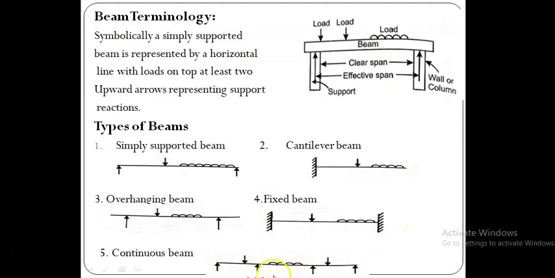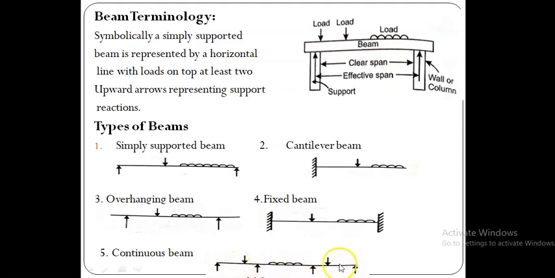Next, let us see the continuous beam. A continuous beam means a beam which is continuously running. It has more than 1 span. You see that this is one span, this is another span, and this is another span. So there are 3 beams combined, said to be a continuous beam. These 2 are called end supports, and these 2 are called intermediate supports.